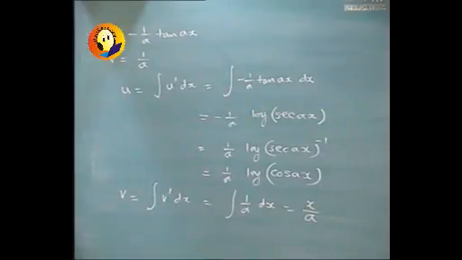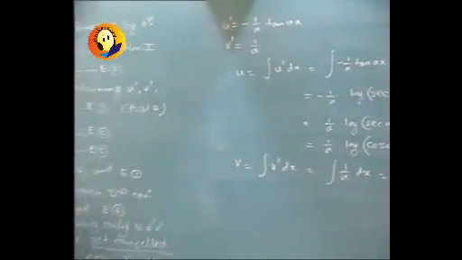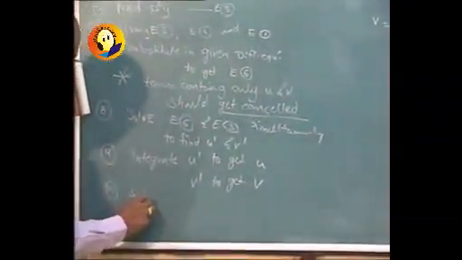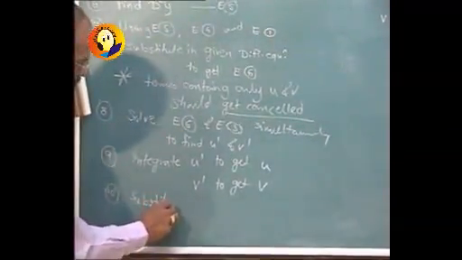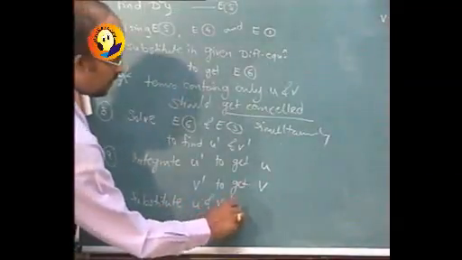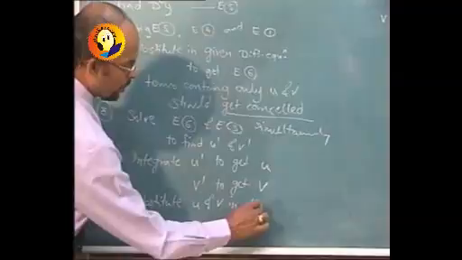So our step number 9, which was saying that integrate u dash to get u and v dash to get v, is over. Then it is said that substitute u and v in assumption 1.